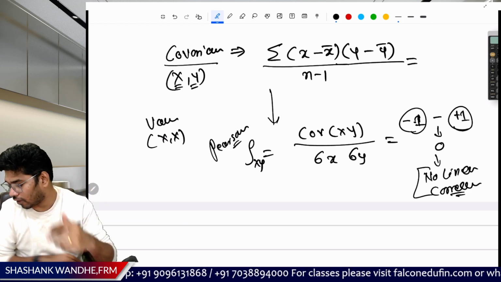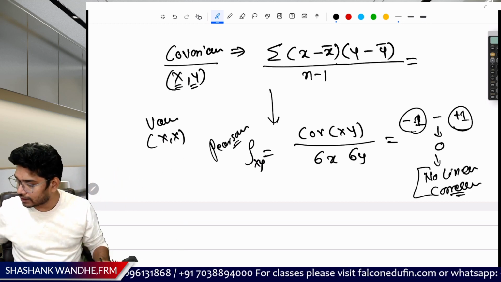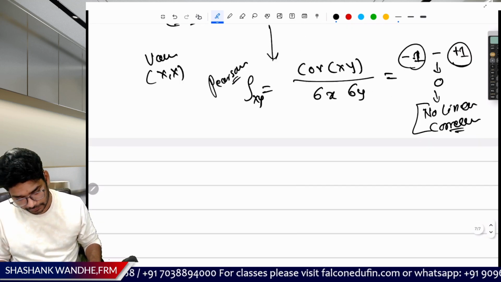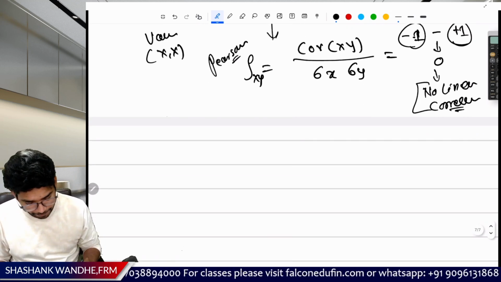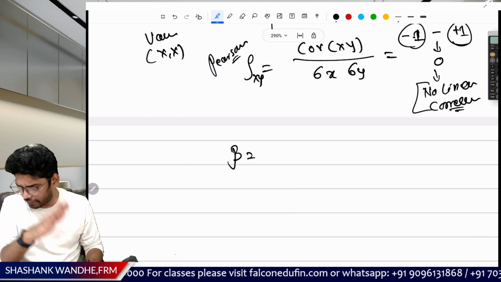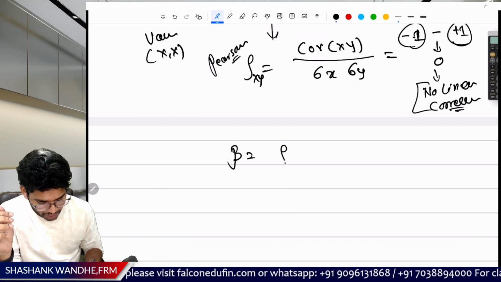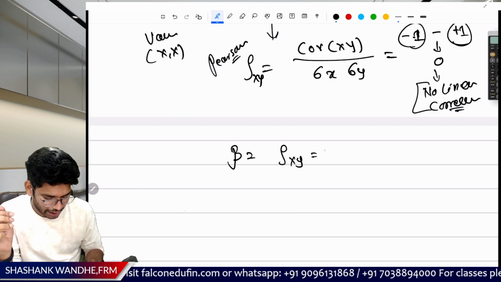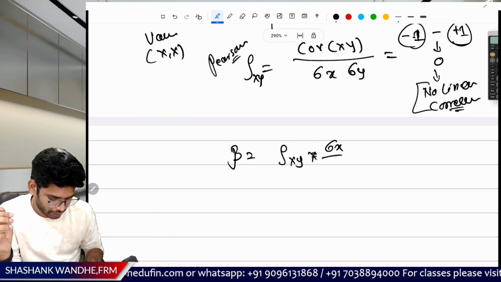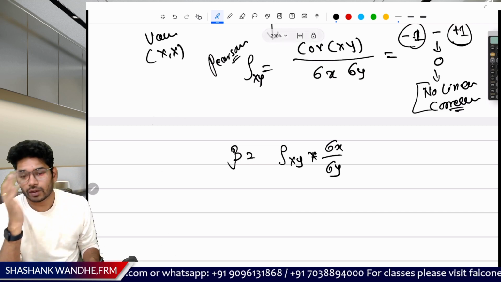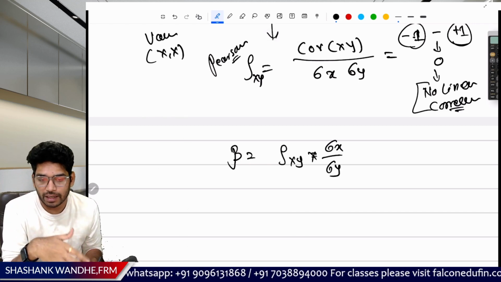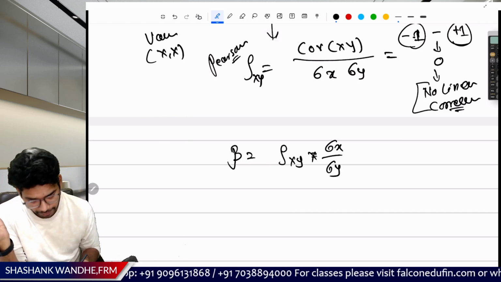And there is also a formula for the beta. We will discuss beta when it comes, but for now, just one thing. Beta is calculated as correlation of xy multiplied by sigma x divided by sigma y.